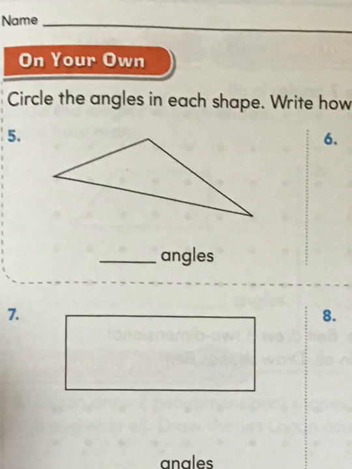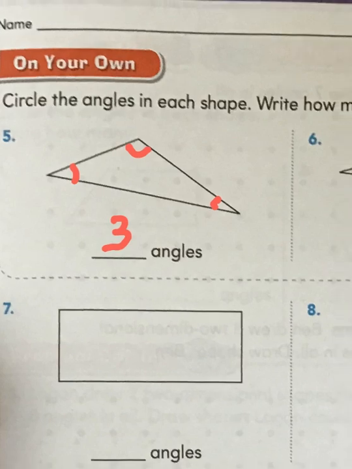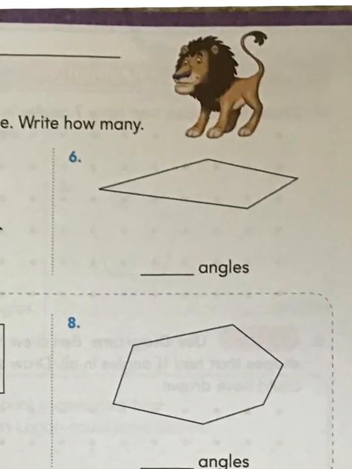Let's take a look at number 5. 1 angle, 2 angles, 3 angles. That's a triangle. Tri means 3. All right, 1, 2, 3, and 4.